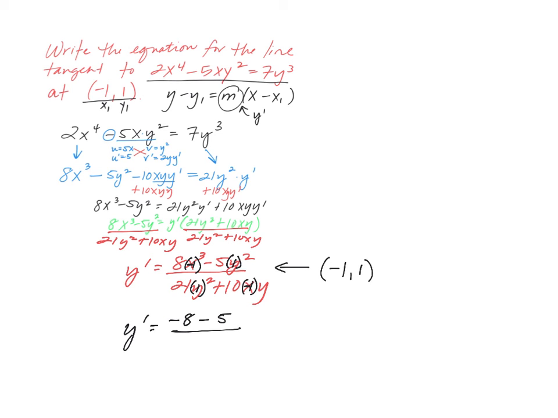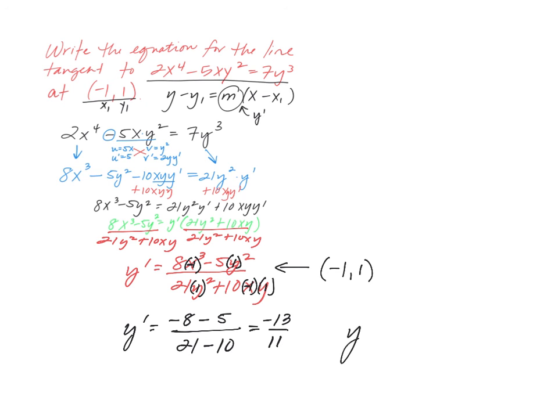In the denominator, 1 squared is 1 times 21 is 21. And then 10, I forgot my 1 there, times negative 1 times 1 will end up making that a minus 10. And then simplifying, I'll have negative 13 on top and 11 on the bottom. So this is the slope of my equation.